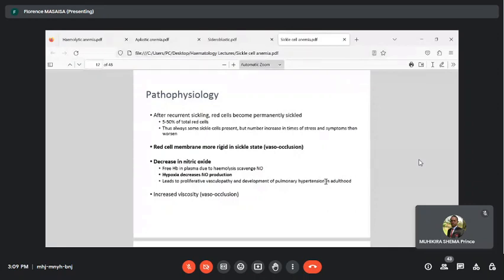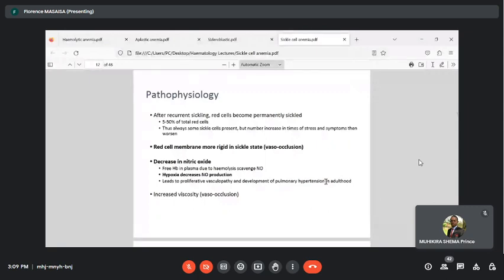We have decreased nitric oxide, which causes free hemoglobin in the plasma due to hemolysis. Then we have also hypoxia, which decreases nitric oxide production. We also have increased viscosity due to vaso-occlusion.